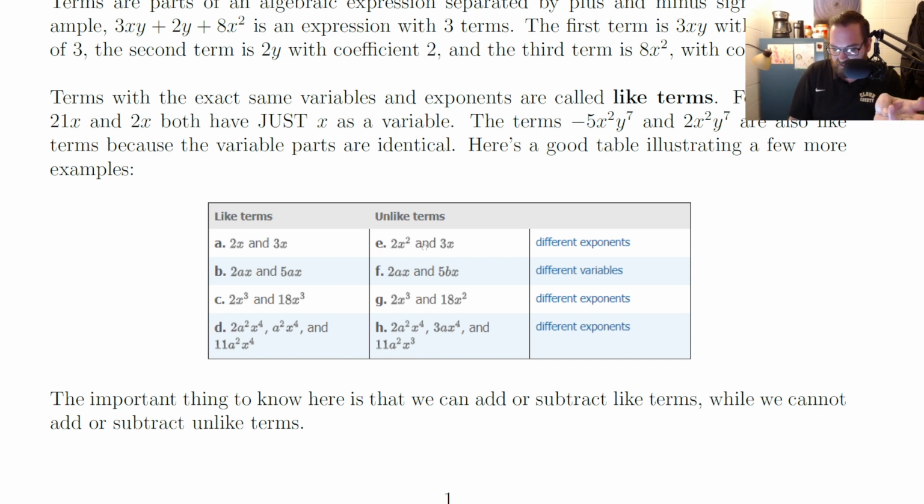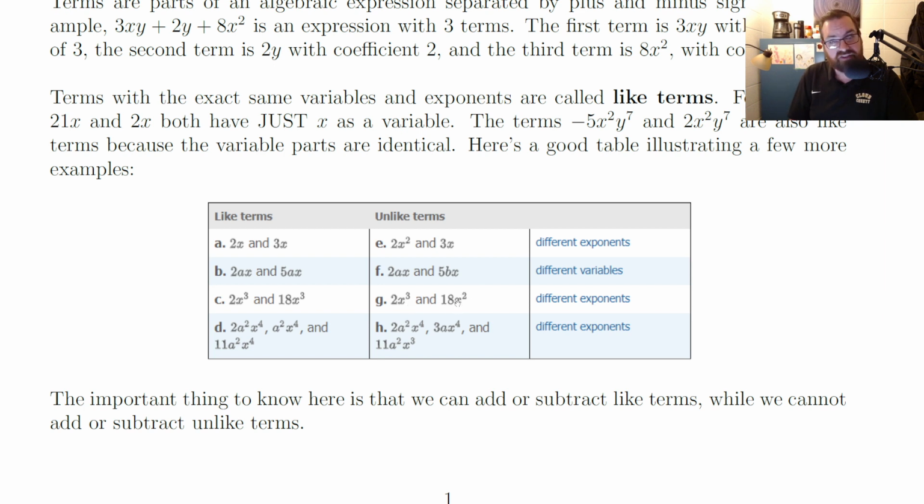For unlike terms, you can see the distinction here, right? Do you notice how the variables and the exponents are different? While this shares the same variable, because they have different exponents, they're not like terms. So we cannot use them. ax and bx are not the same. They have to be completely identical, so they have different variables. x cubed, x squared.